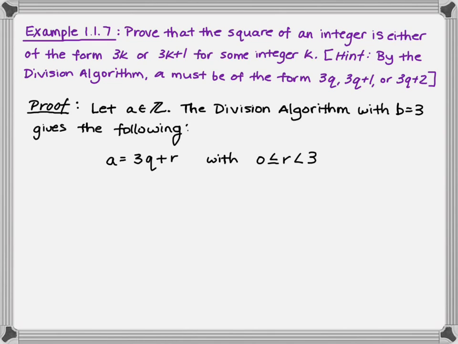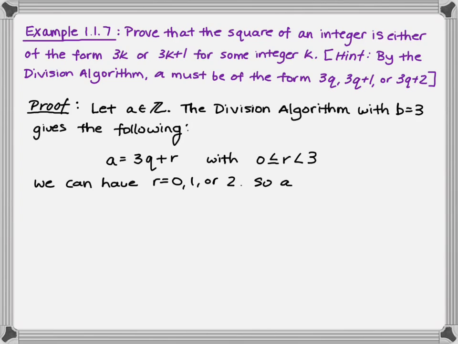And so what is this actually saying? It says that since 0 is less than or equal to r strictly less than 3, we have 3 options for r. Namely, we can have that r equals 0, 1, or 2.